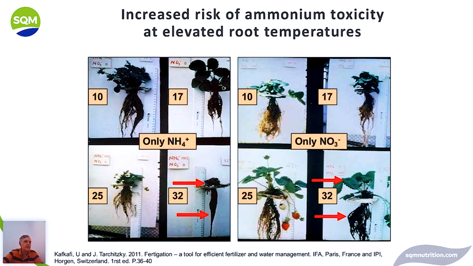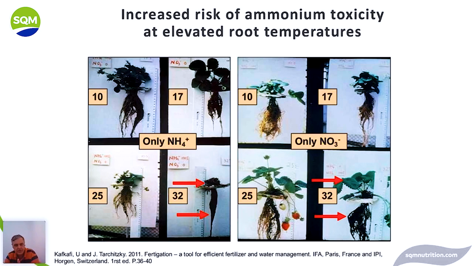And when the plant uptakes nitrate nitrogen, the nitrate nitrogen will be converted to amino acids and proteins in the leaves. And that is the difference, because to do this conversion, the plant needs energy, needs sugars, needs carbohydrates. And the carbohydrate sugars are produced by the photosynthesis process in the leaves.